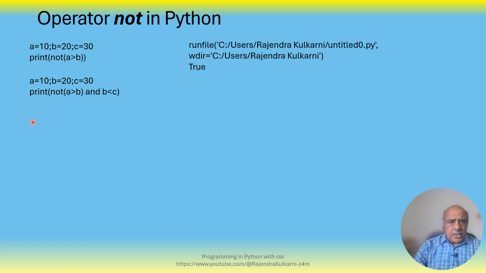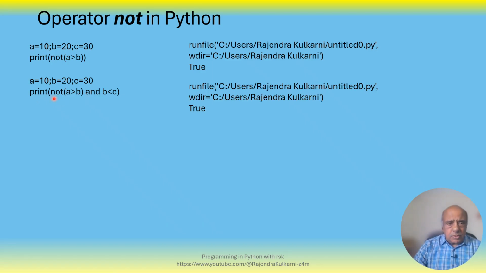Another example, A is 10, B is 20, so A greater than B will be false, and B less than C will also be false because B is 20, C is 30. So false and false will become false and the output will be true because it is not A greater than B, which becomes true.